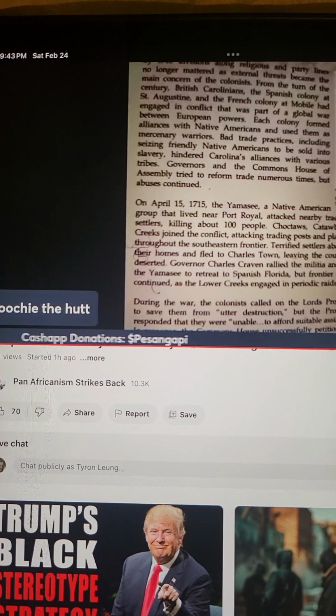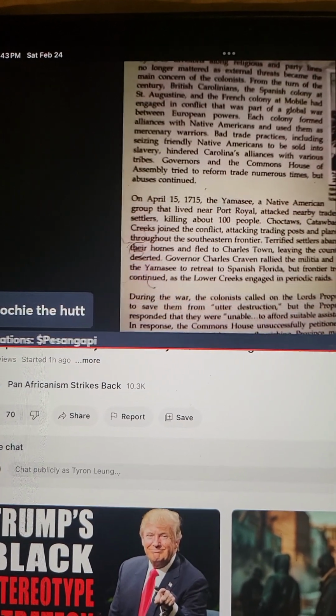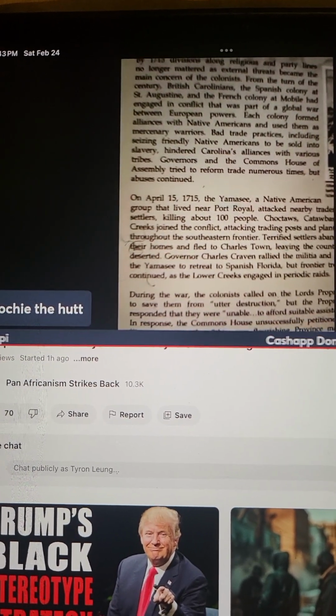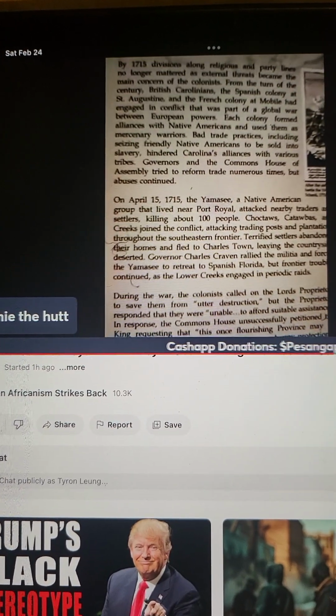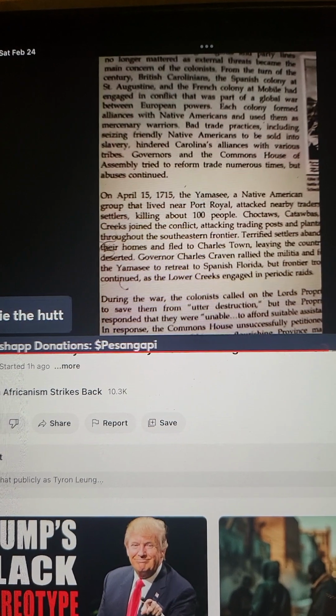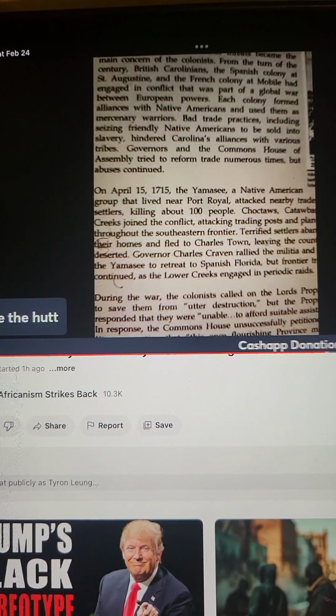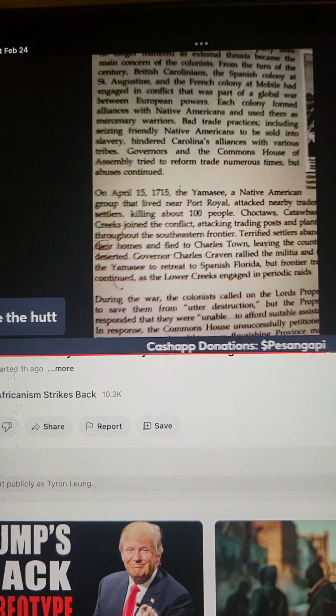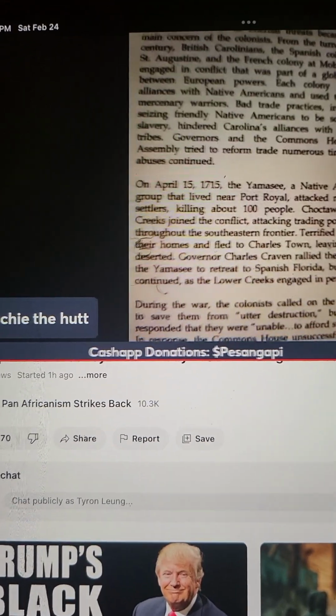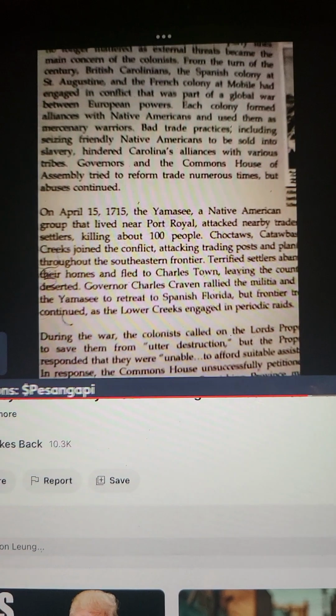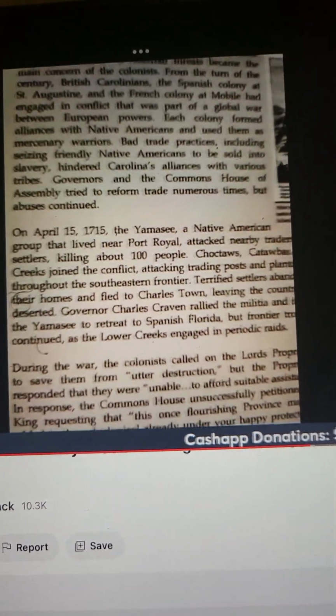Each colony formed alliances with Native Americans and used them as mercenary warriors. Bad trade practices, including seizing friendly Native Americans to be sold into slavery, hindered Carolina alliances with various tribes. Governors and the Commons House of Assembly tried to reform trade numerous times, but abuses continued.